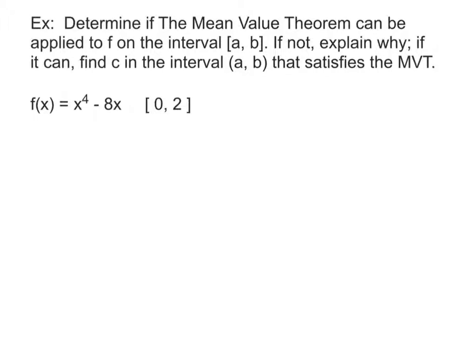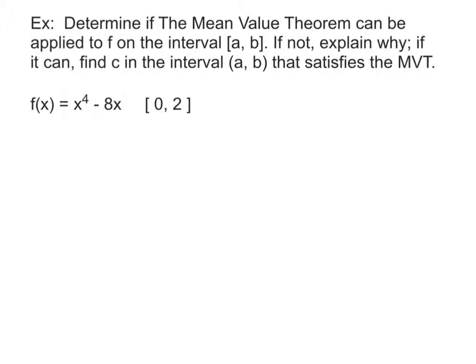Okay, so here's an example. First, we want to determine if the mean value theorem can be applied to this function f on the closed interval from a to b, and if not, explain why. If it can, we're going to find c. We're going to find this value in between a and b on the open interval that satisfies the mean value theorem.